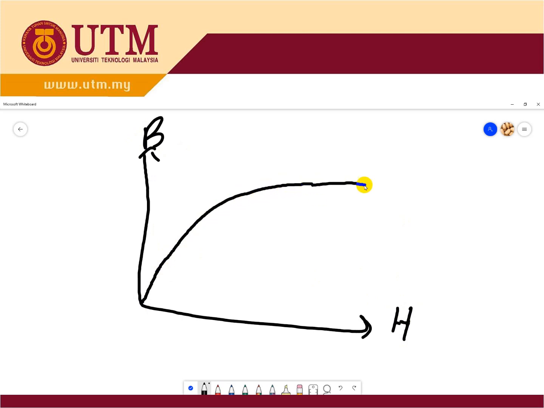At a certain point, after you increase the magnetic field, it will become saturated. If you further increase the magnetic flux, you cannot increase the magnetic intensity. That is just the characteristic of the core. Different cores give different curves and different values, but the curve is almost the same. Basically it saturates. So this is the B-H curve.